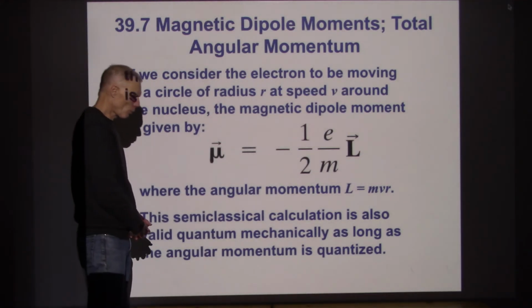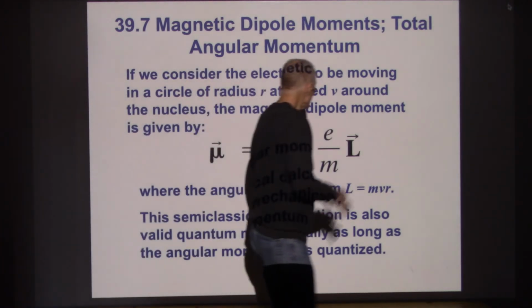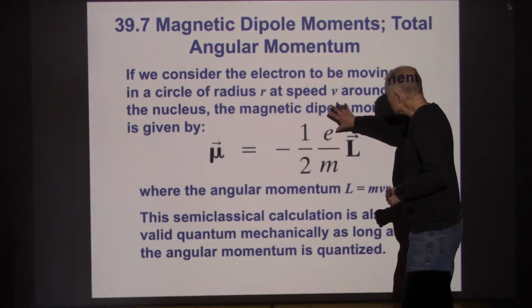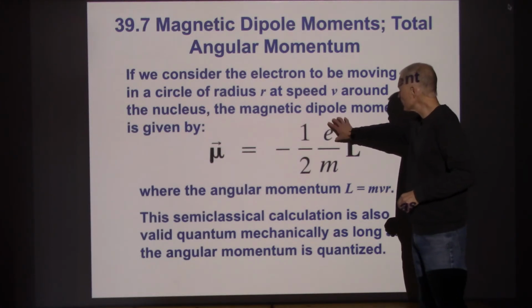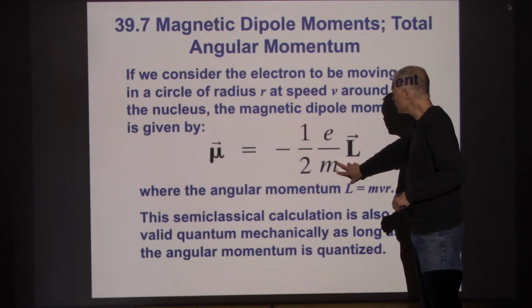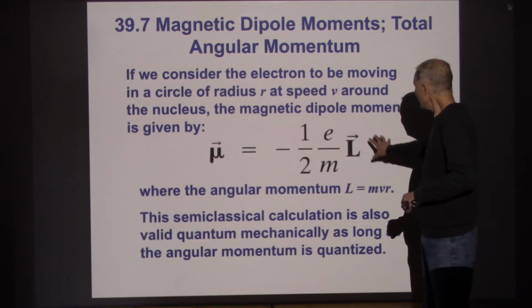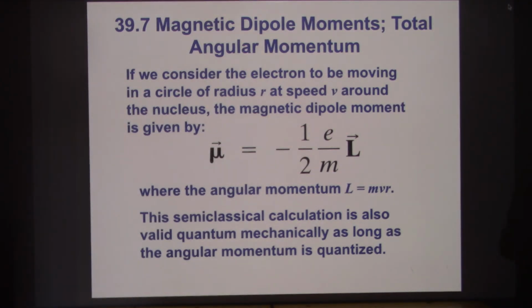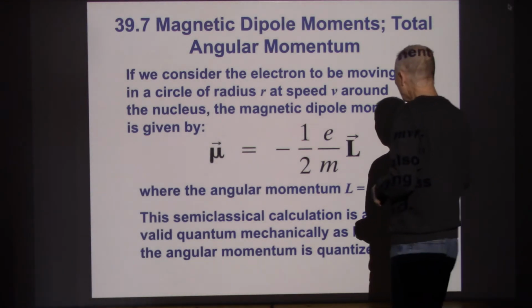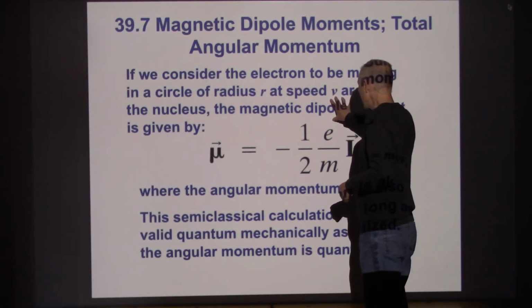The first thing to be aware of, and we've mentioned this before, is that since we're dealing with charged particles, the e here represents the electron charge, and this is the electron mass. Anytime we have angular momentum, whether it's spin or orbital, we're going to have a magnetic dipole set up.